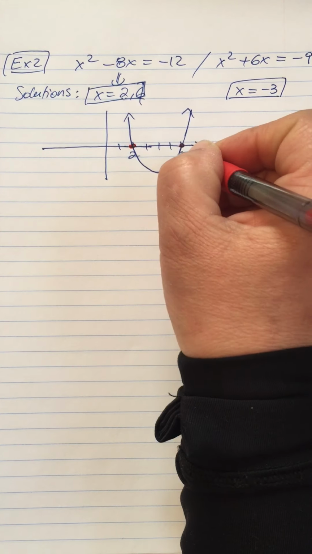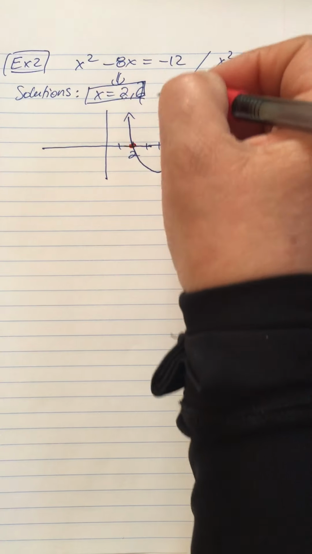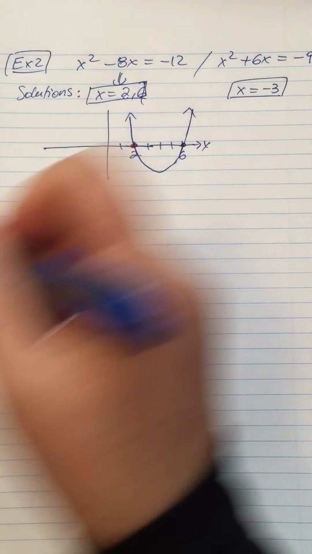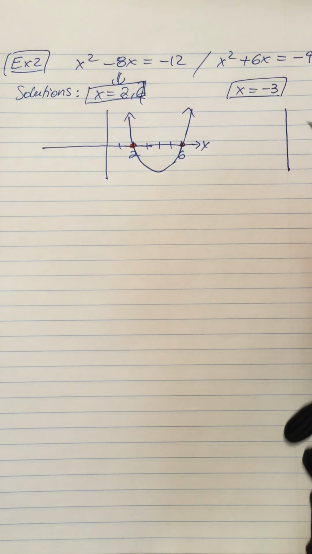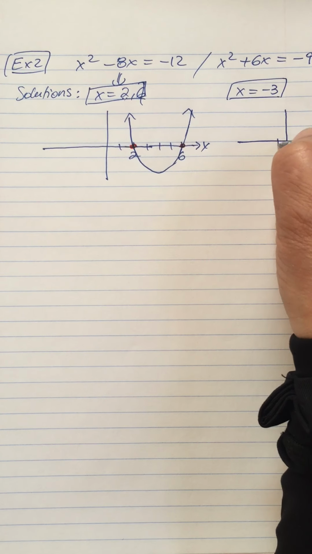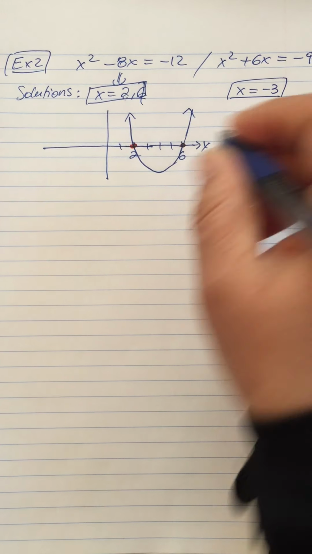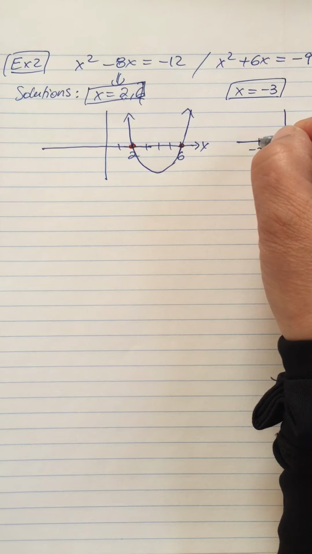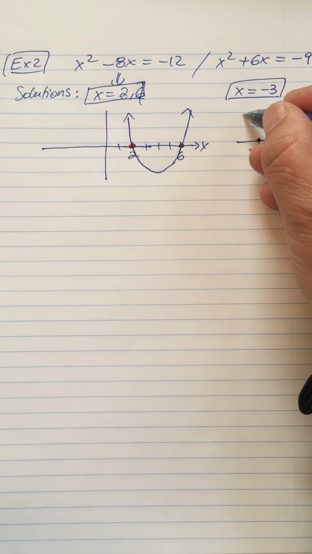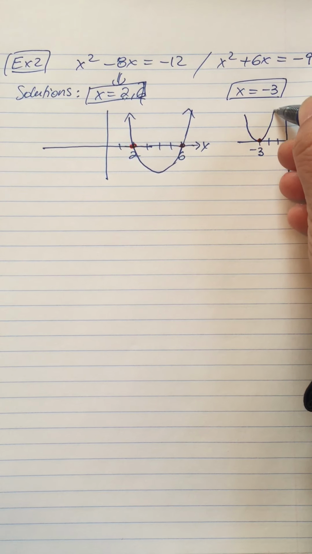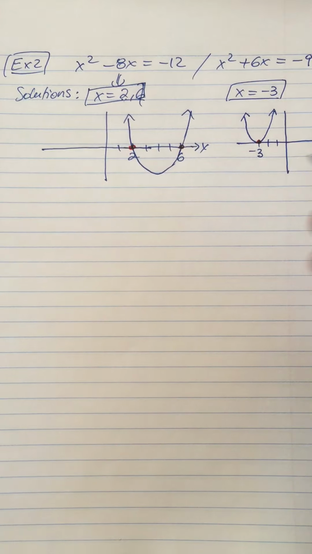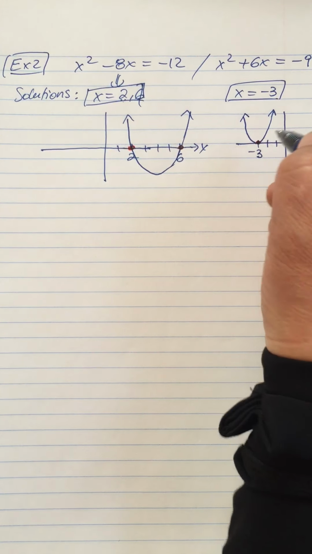When x is 2 and 6, the parabola, the graph of the equation, cuts the x-axis. And for this case, okay, x is -3. The parabola only touches the x-axis at x equals -3, like this. Okay, so this is the meaning of our solution.